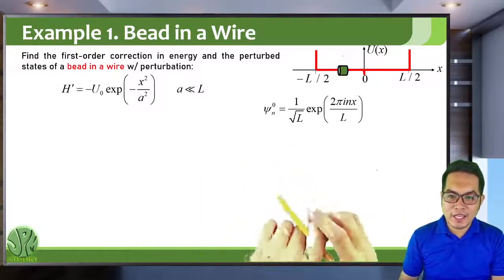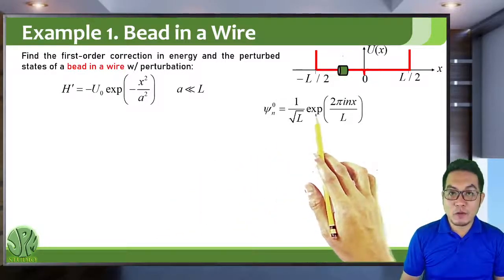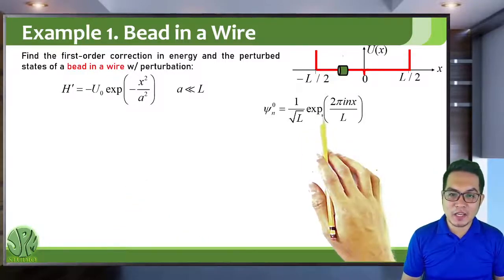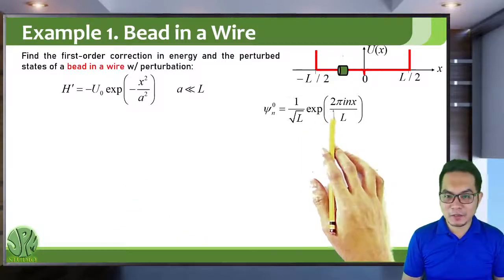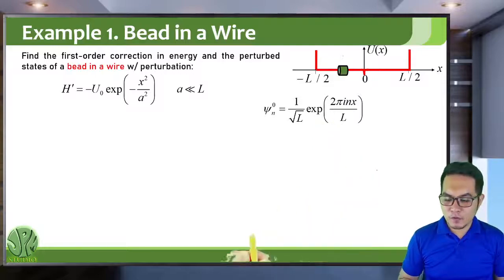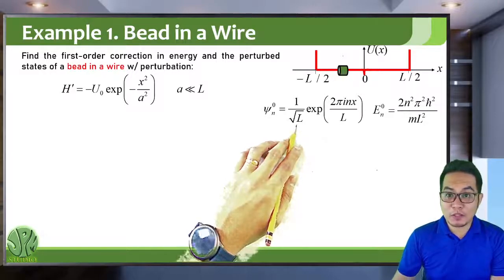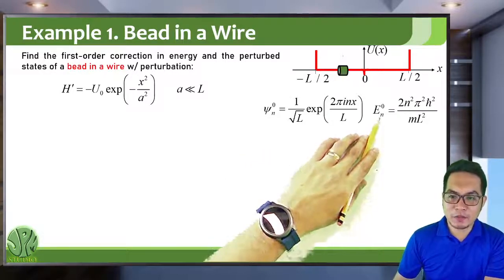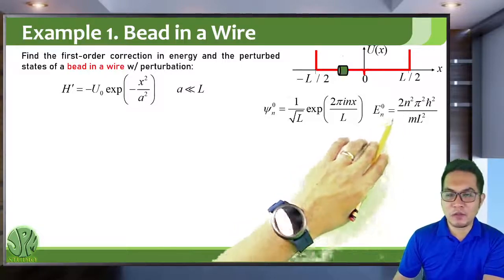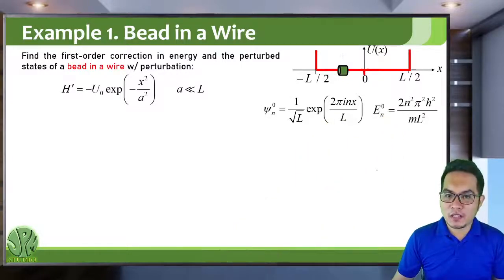So in this case, the wave functions are not in terms of sine, but in general exponential, e to the i theta. So these are the unperturbed wave functions of the bead in a wire problem without the perturbation, and these are the unperturbed energies. If you will notice, it looks similar to the energy and wave function of a particle in an infinite square well potential.